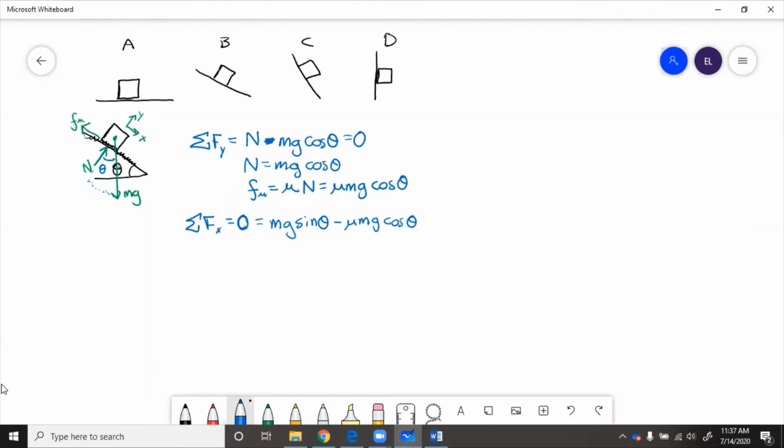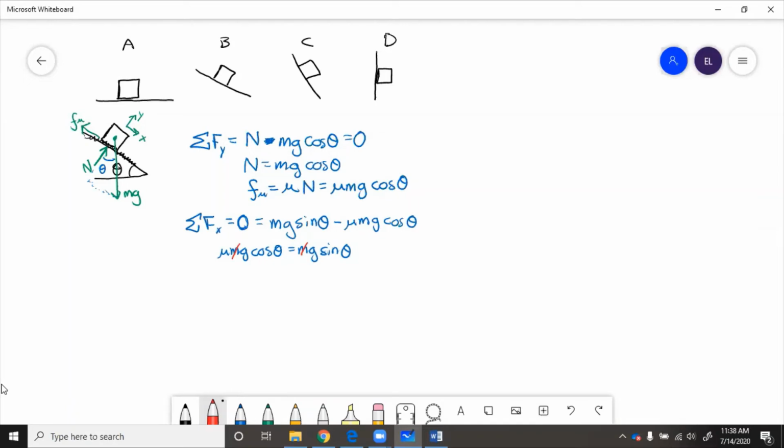Well, conveniently here, we can see there's a lot of stuff that'll cancel. So if we move this to the other side, mu mg cos theta equals mg sine theta, we can see here, mass cancels. So that's interesting. It doesn't depend on the mass of the block. The mass of the block does not affect whether or not the block is actually going to slide.